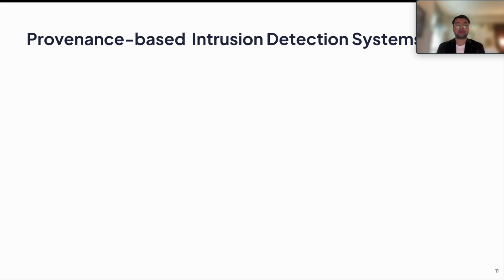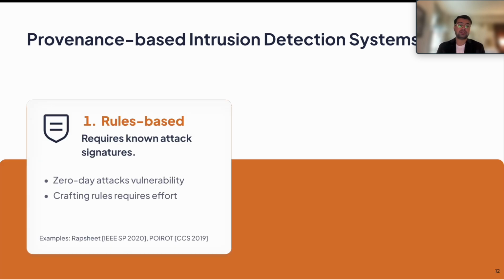The existing provenance-based detection systems can be broadly classified into three main types. The first one is the rule-based class of systems. These systems work by requiring known attack signatures. However, they are vulnerable to zero-day attacks, meaning that they cannot detect new types of attacks without a pre-existing attack signature.